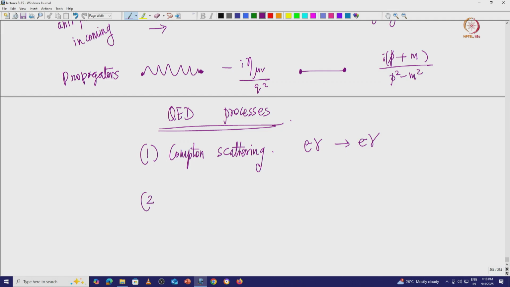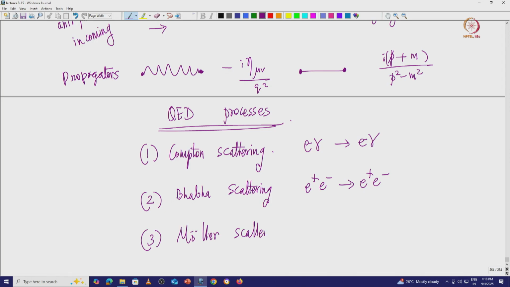The second important one is Bhabha scattering, which is e plus e minus going into e plus e minus. The third one is called Moller scattering, which is e minus e minus going into e minus e minus.